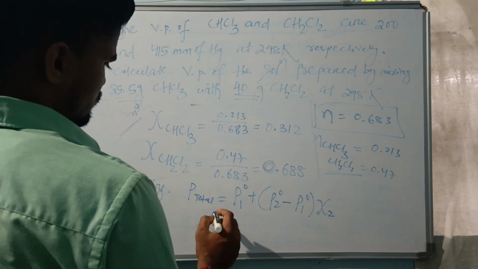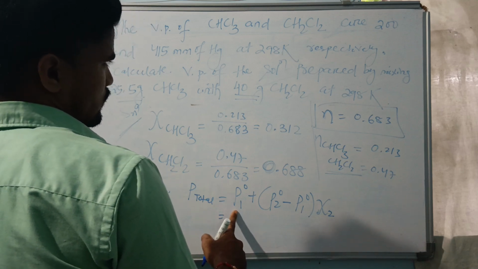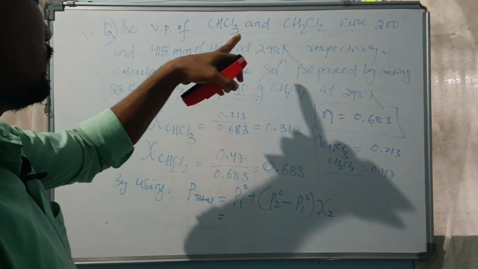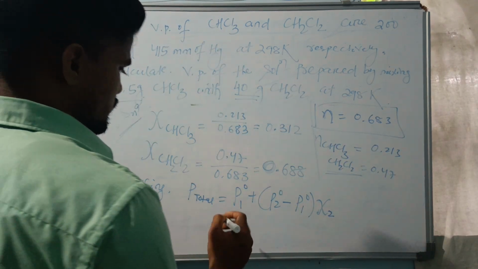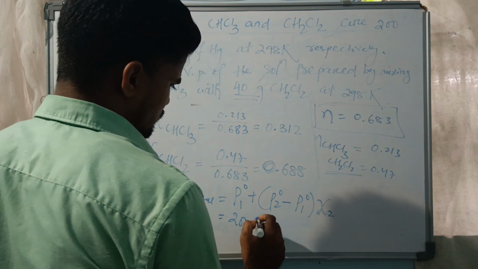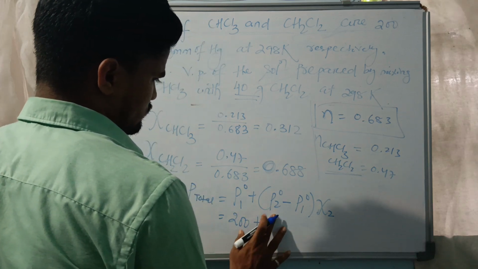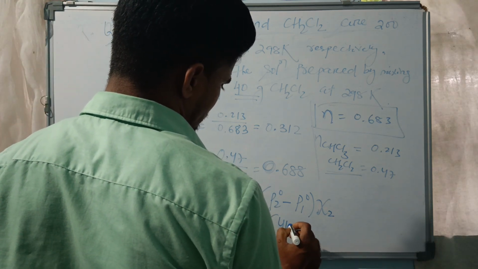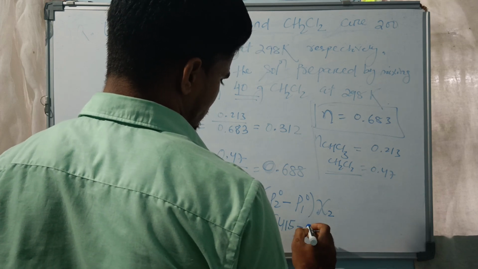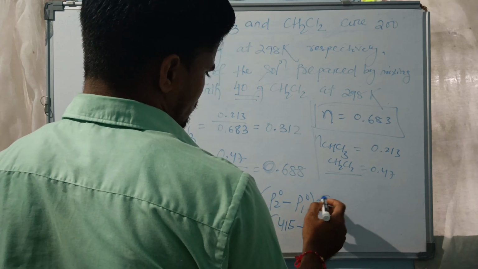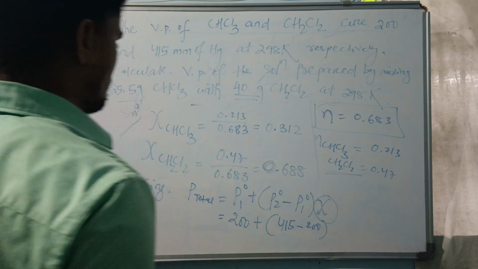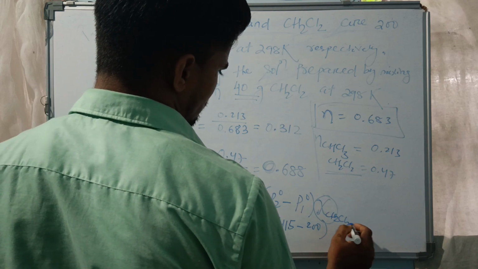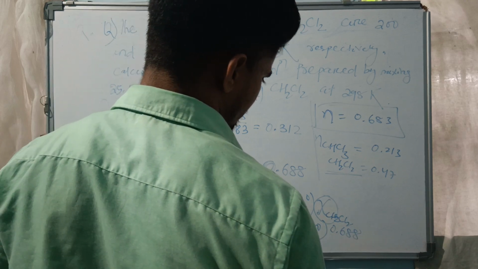So this is equal to: P1 naught is the vapor pressure of chloroform, 200, plus P2 of dichloromethane 415 minus 200, into chi 2, the mole fraction of dichloromethane, 0.688, right?